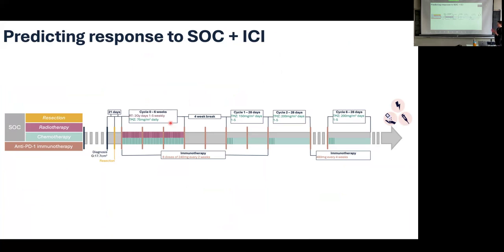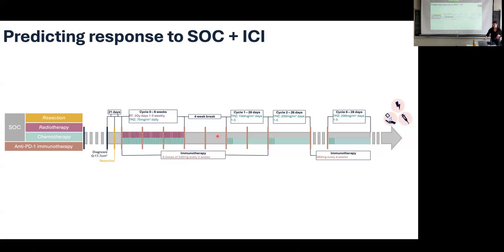So she looked at what was done in clinical trials. What's done is there's a diagnosis at some general size, and then there's a resection 21 days later, which is the average time to resection. So within 21 days, there's a resection. And then there's radiotherapy and chemotherapy that are cycled over 0 to 6 weeks.